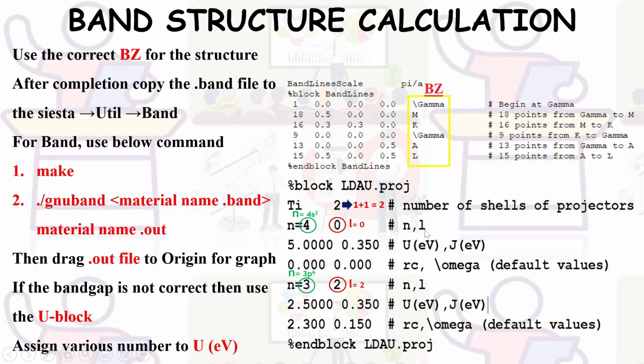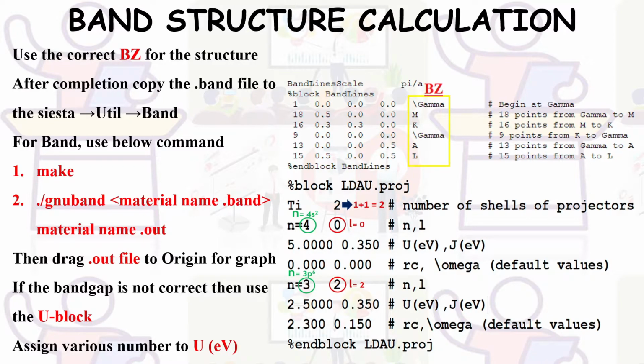So this 4 represents this 4s2, and for s the angular momentum quantum number is 0, and for n equal to 3, that is 3p6, and the angular momentum quantum number is 1. So for s it is 0, for p it is 1, and d and f go like that.